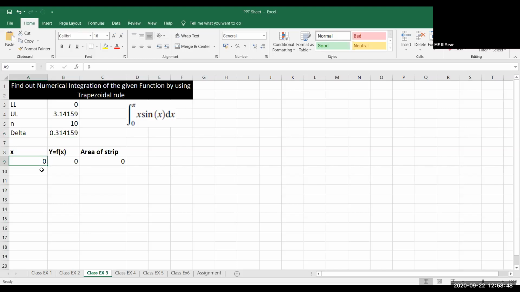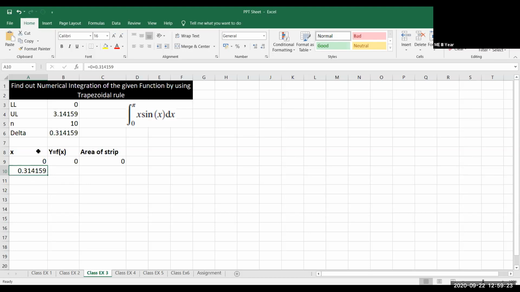After that, we already have the delta value, which is nothing but the increment, so equal intervals will be there. If you add here, equal to 0 plus 0.314159, we'll get this value, because the equal interval is there. So between this value and this value, what is the interval?